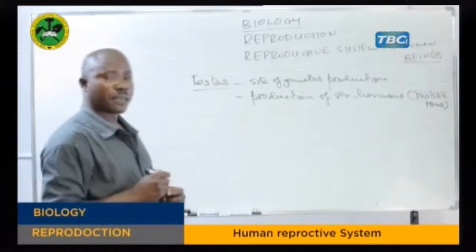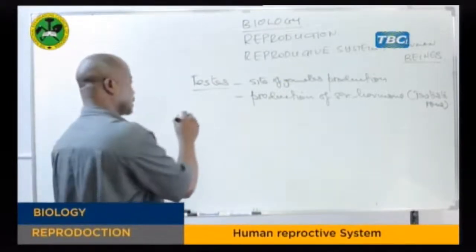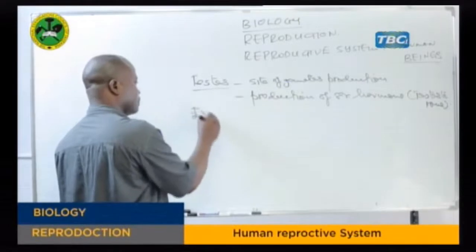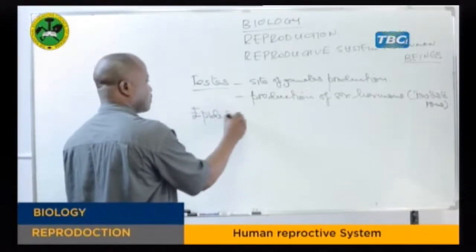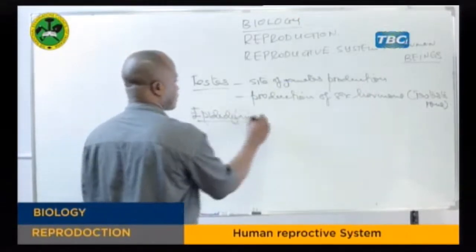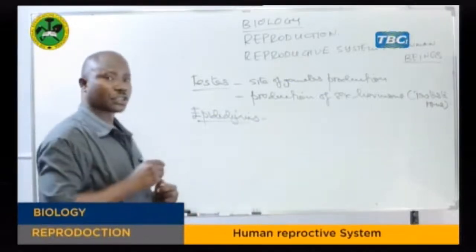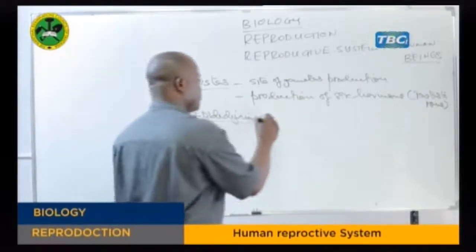Another inner part of the male reproductive system is the epididymis. The epididymis stores sperms temporarily.